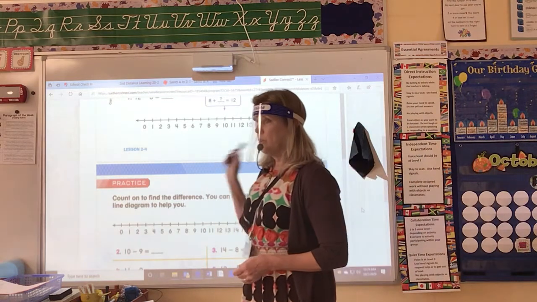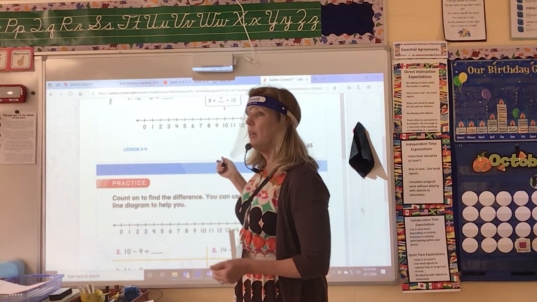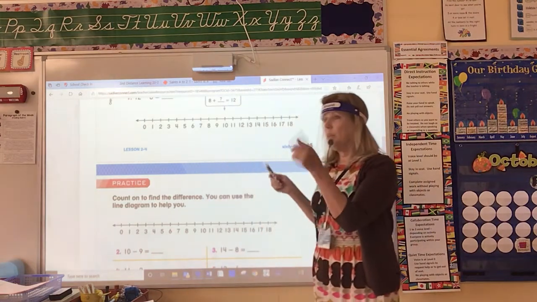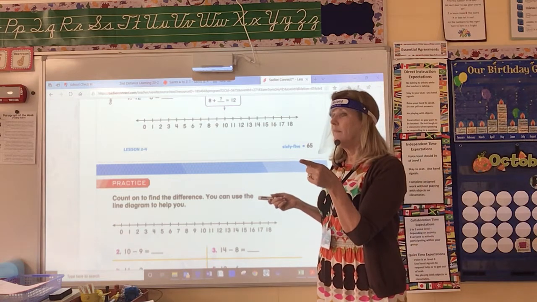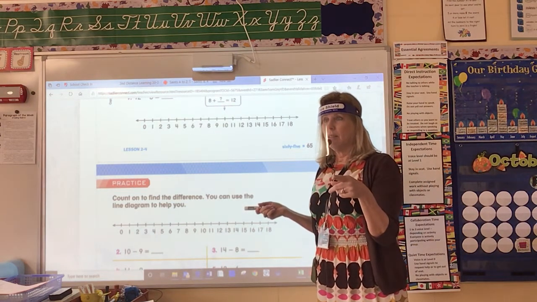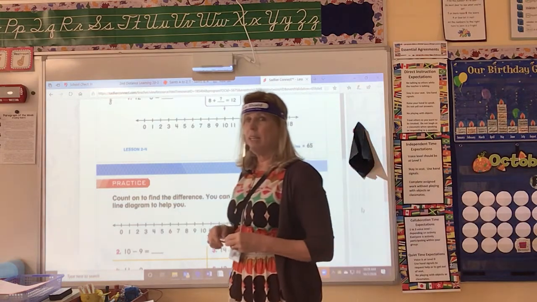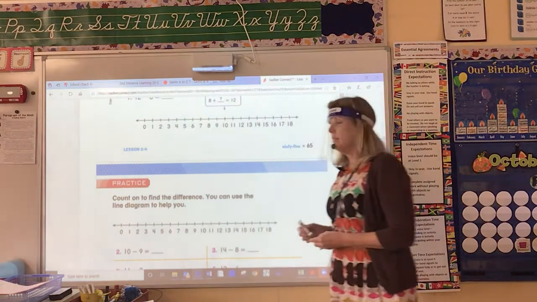So we're using a number line to do what? To find the answer. And what's that answer called, Miles? Who remembers what that answer is? Simone? The difference. Okay?